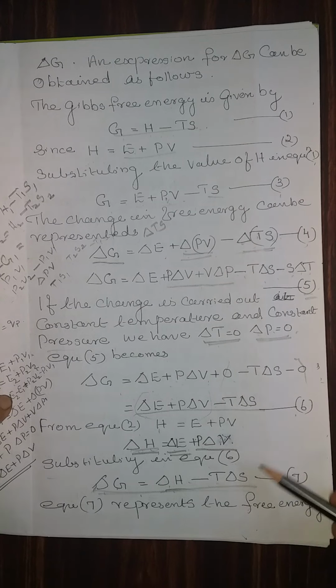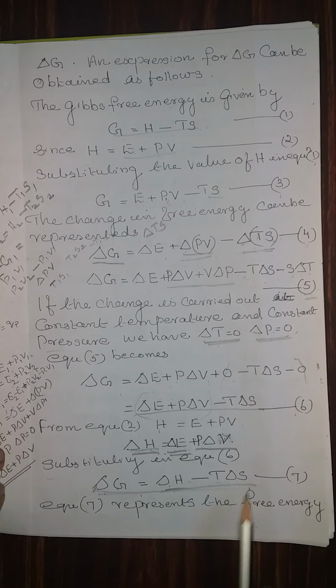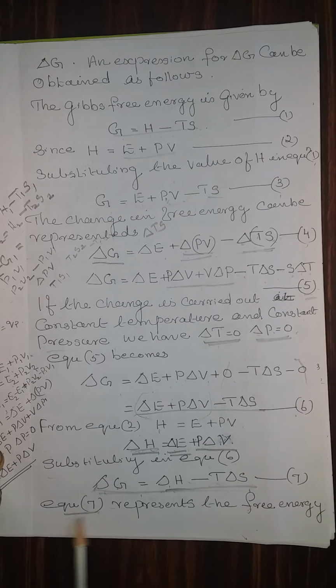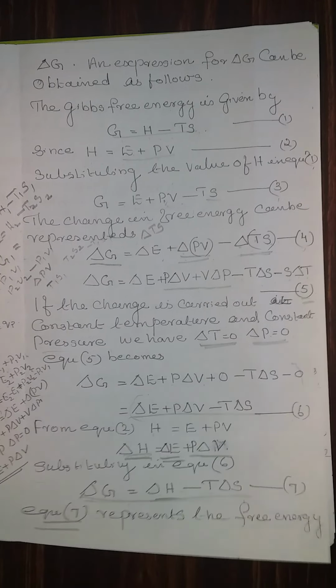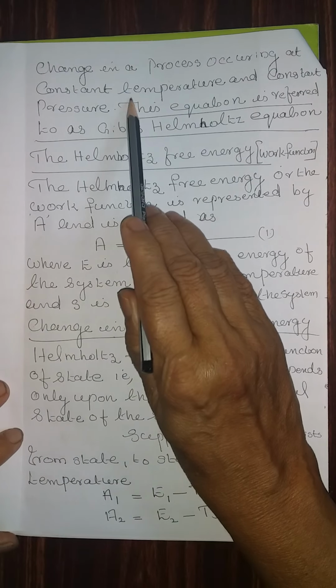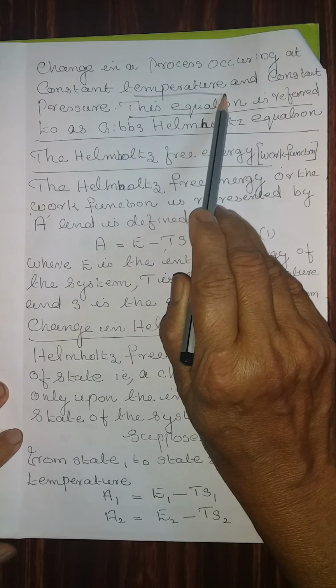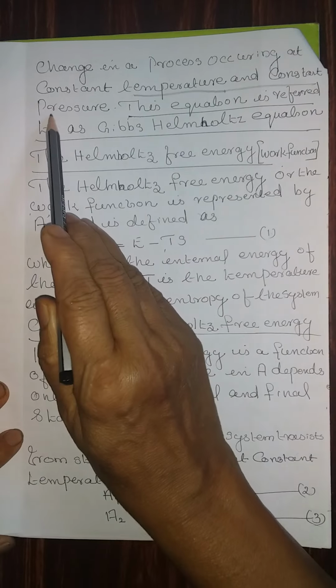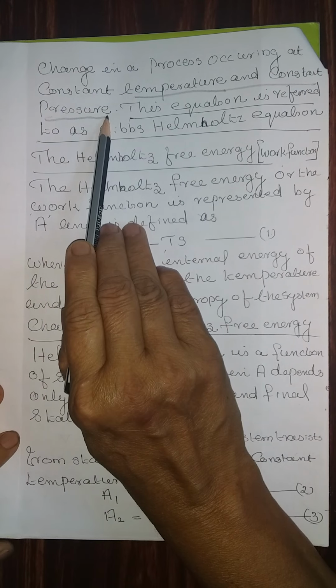Follow all the steps and derive the equation by yourself. See whether you are getting equation number 7, which represents the free energy change in a process occurring at constant temperature. That is why delta T is kept 0. And at constant pressure. That is why delta P is 0.